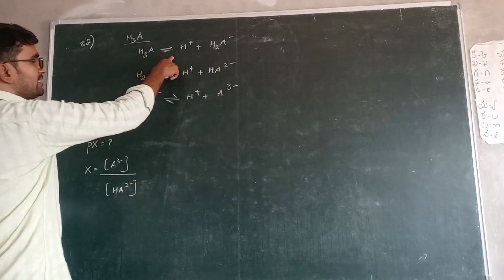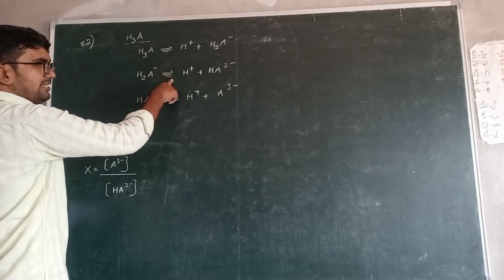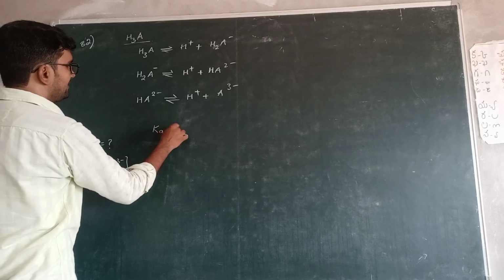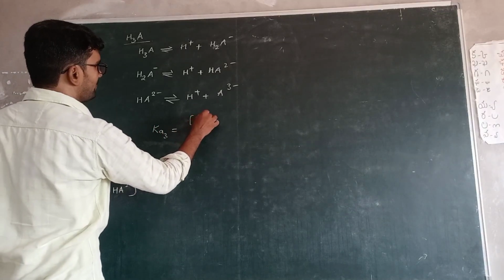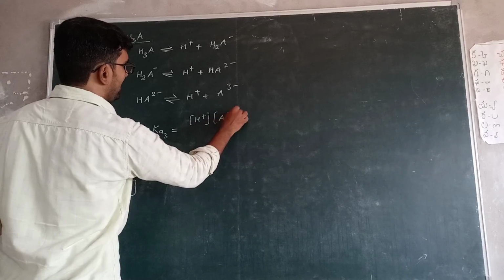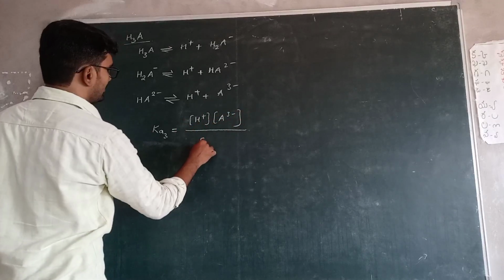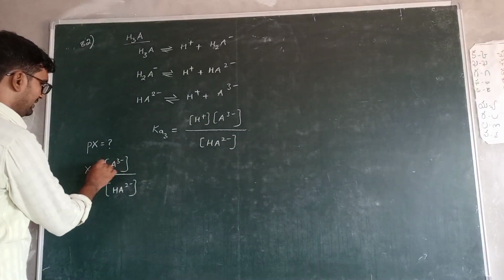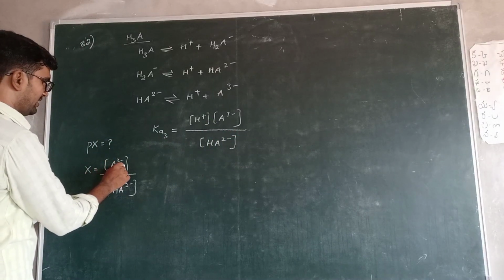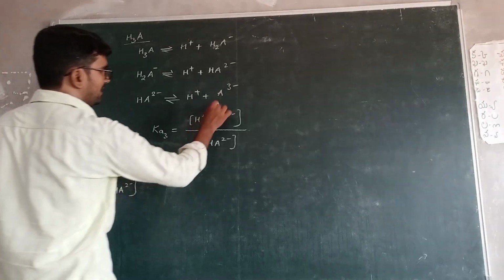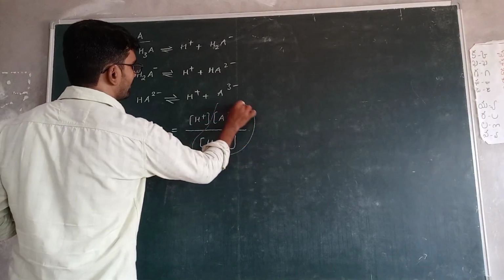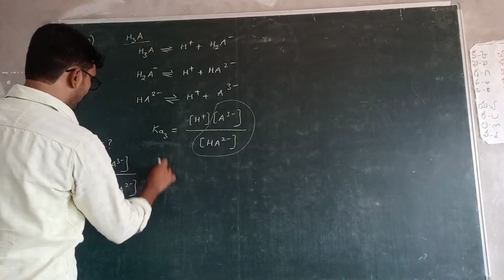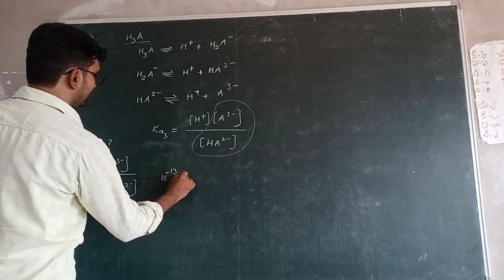These dissociation constants are Ka1, Ka2, Ka3. So the third one, Ka3, is equal to concentration of H plus into concentration of A3 minus divided by concentration of HA2 minus. What is X here? Concentration of A3 minus by concentration of HA2 minus. We want this value. The Ka3 value is already given in the problem, 10 to the power of minus 30.